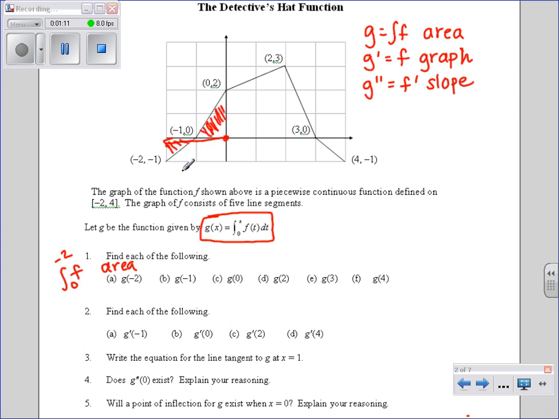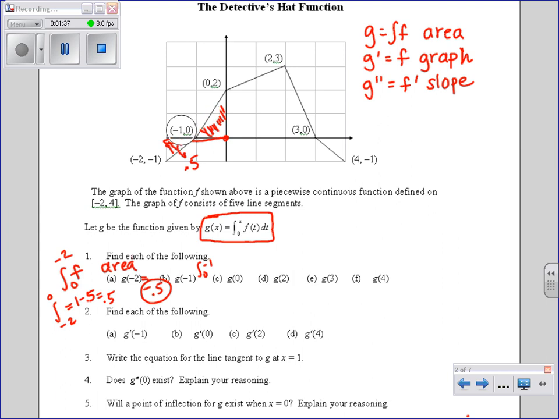The area of this triangle is 0.5, the area of this triangle is 1. So the area from negative 2 to 0 would be 1 minus 0.5, which would be 0.5. But since it's negative, because we're going in the reverse direction, we have to change the sign. So it's negative 0.5.